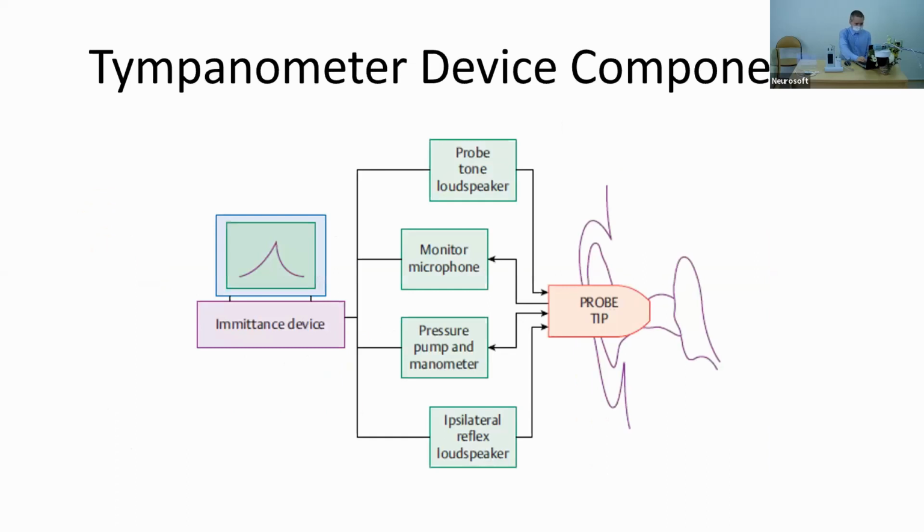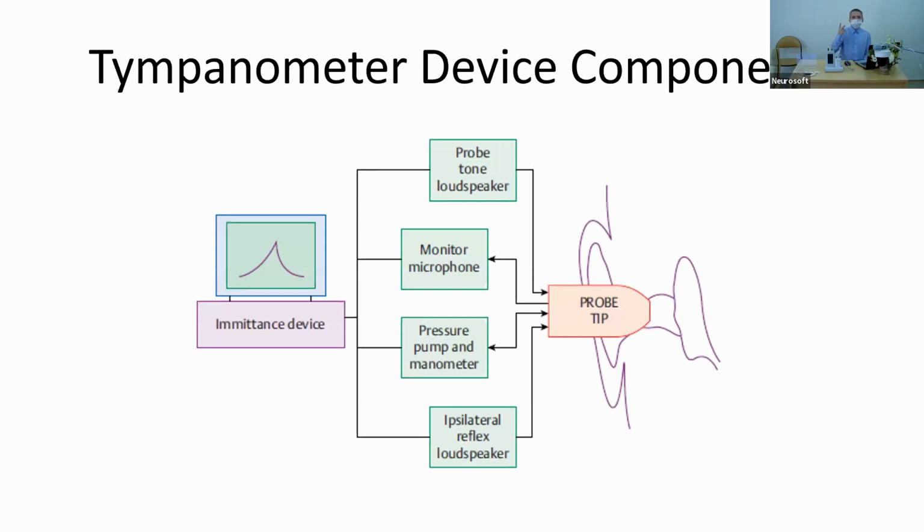And what are the main components of the tympanometer device? It consists of a probe tone speaker, a monitor microphone, also a very sensitive microphone, a pressure pump, which is new compared to the otoacoustic emission probe, since we need to change the pressure, and a manometer, because we need to measure this pressure as well, and also an ipsilateral reflex loudspeaker.